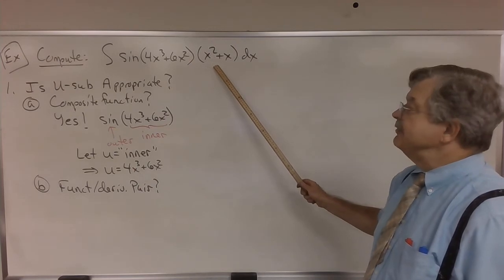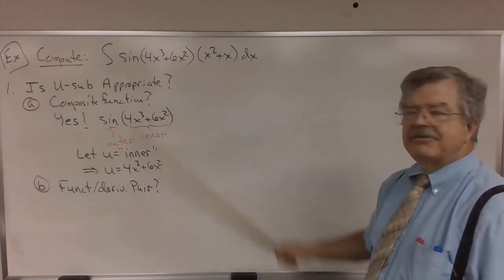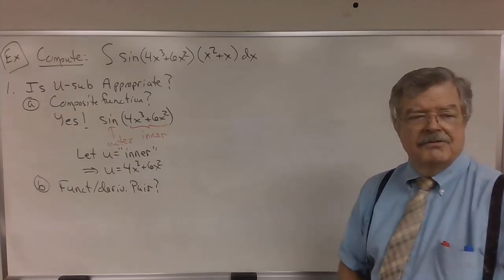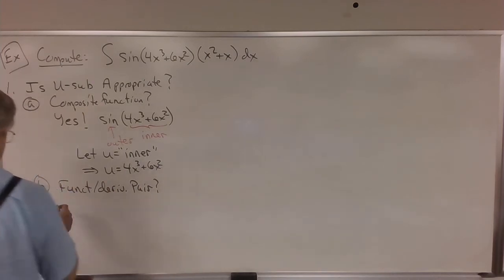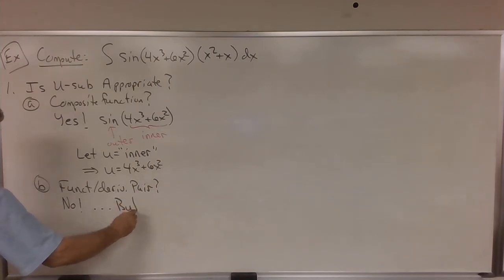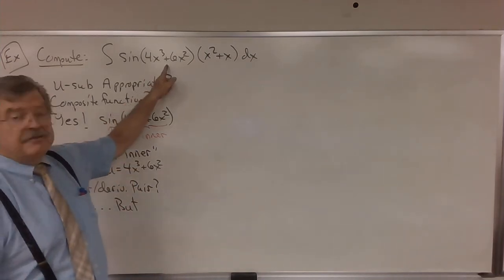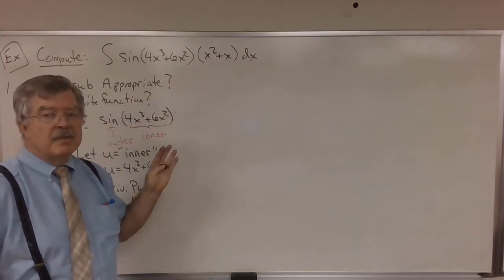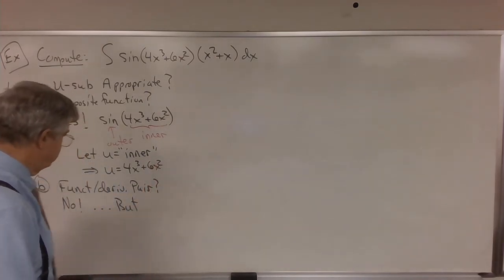X squared plus x is not the derivative of 4x cubed plus 6x squared. So the answer here is no. No, but we do have an approximate function derivative pair for what it's worth. It may be worth something, it may not.